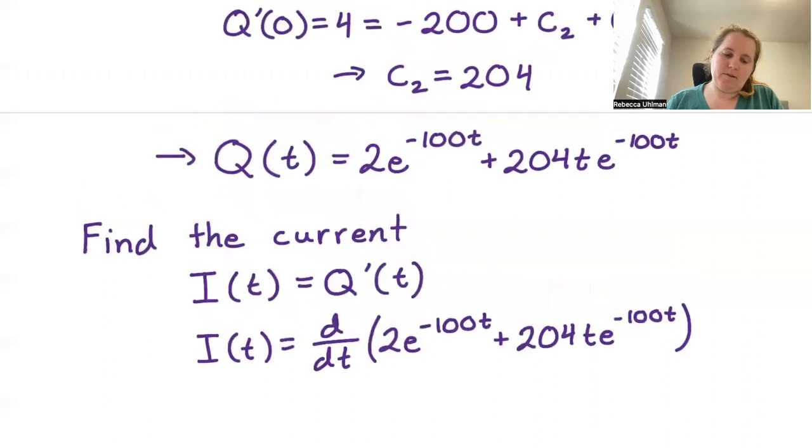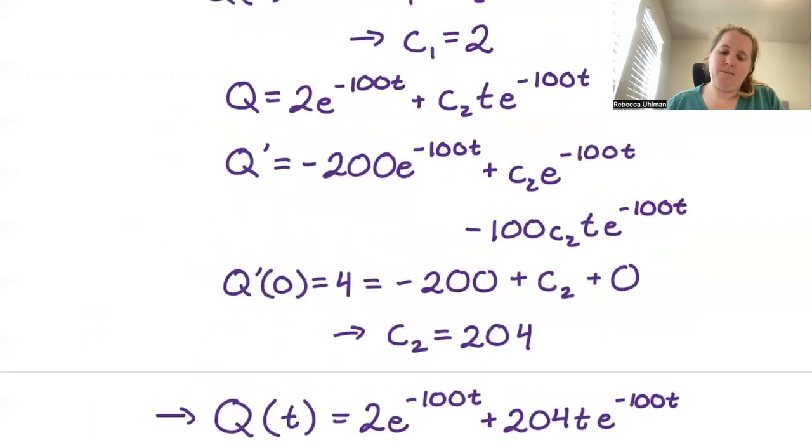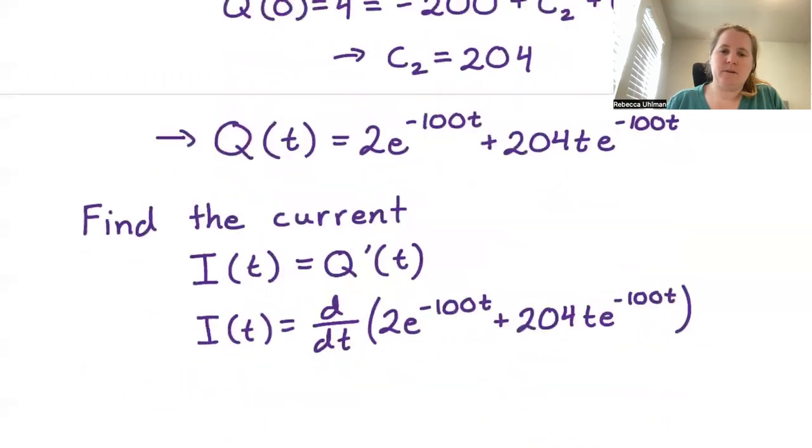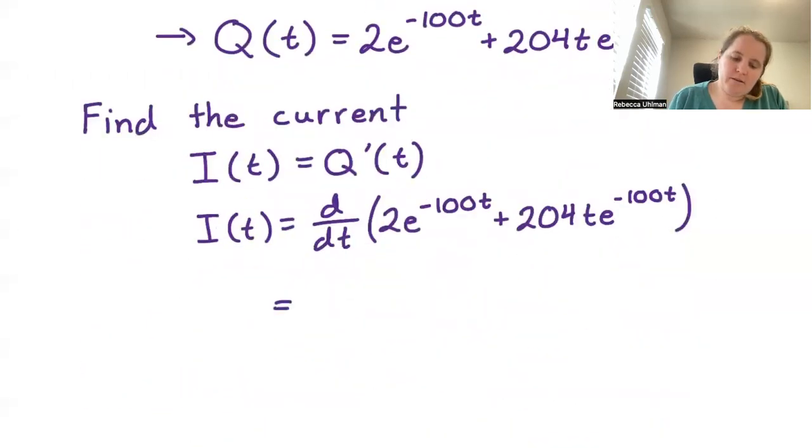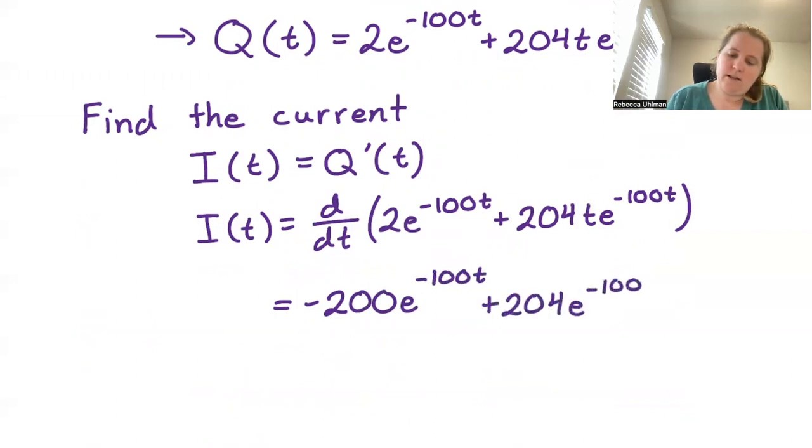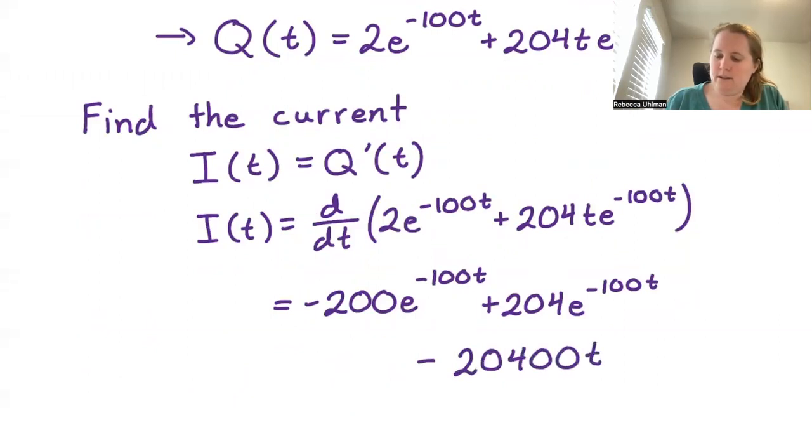We certainly could also just plug in our Q prime equation we already had, plugging in the numbers. But we have negative 200 e to the negative 100t plus 204 e to the negative 100t minus 20,400 t e to the negative 100t.